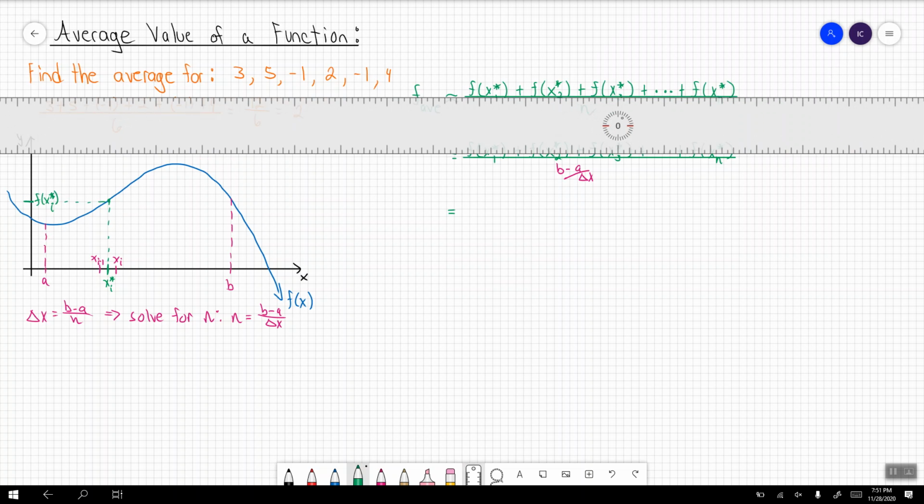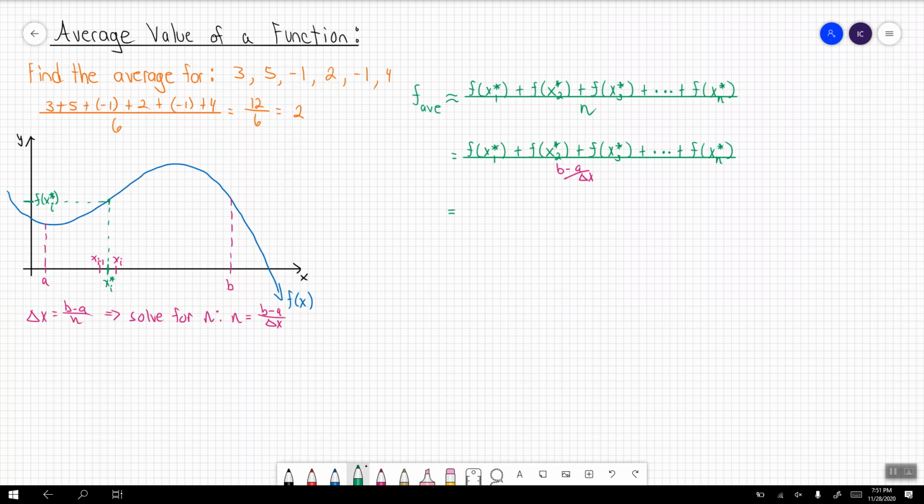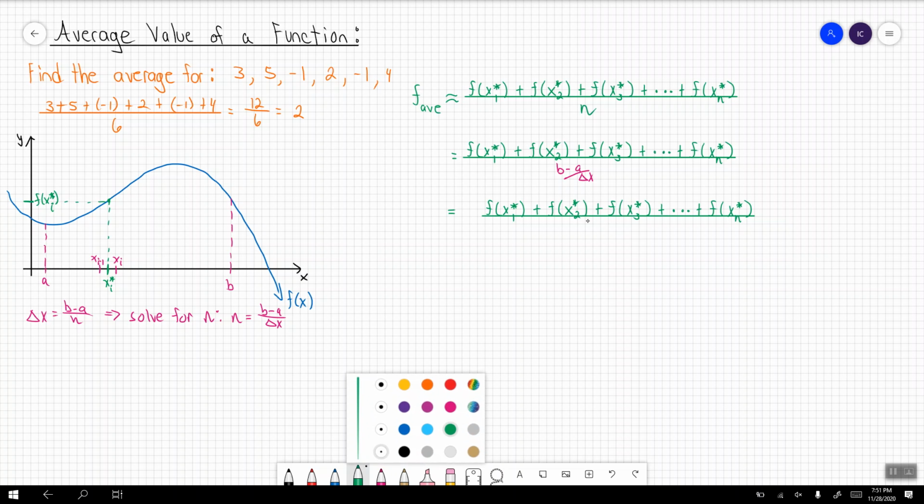So this now will become something real nice. This is now going to be my b minus a. Delta x is now going to be multiplied on this numerator.